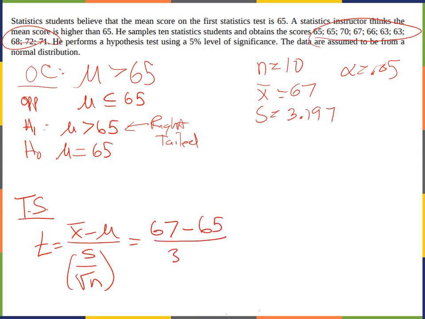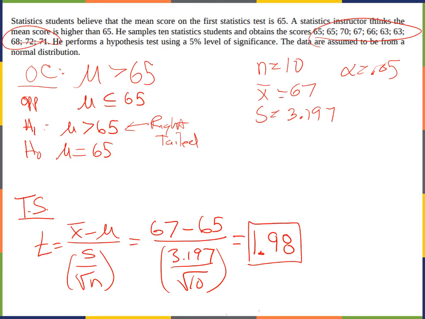S is 3.197, and the sample size is 10, so the square root of 10. So there you go. Put that in your calculator, and you will get a t-score of 1.98. Okay? So there is your t-score. That's your test statistic.